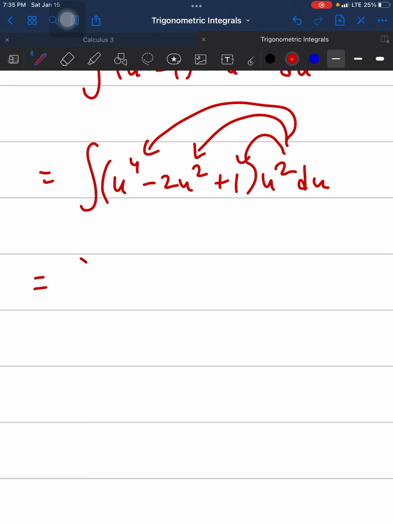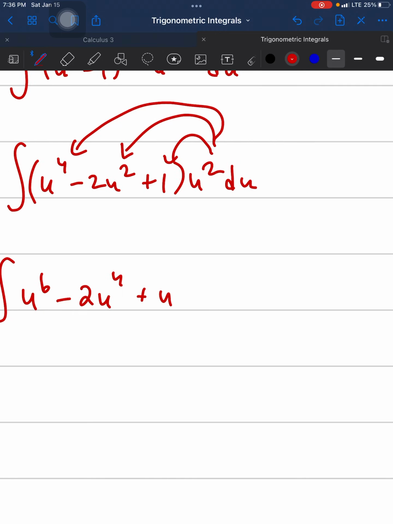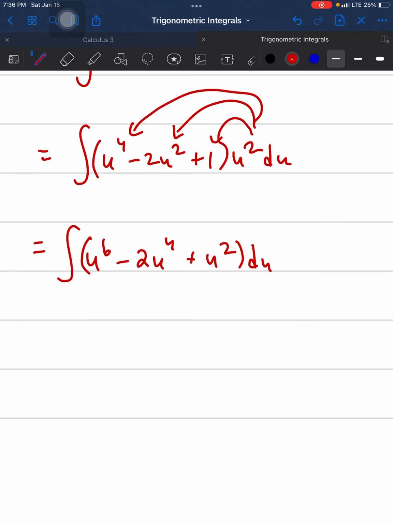We distribute this u squared, and we get u to the sixth minus 2u to the fourth plus u squared du. Now this is all power rule. Now we can simply do our power rule and find our final integral.